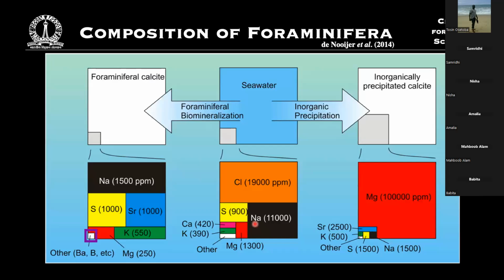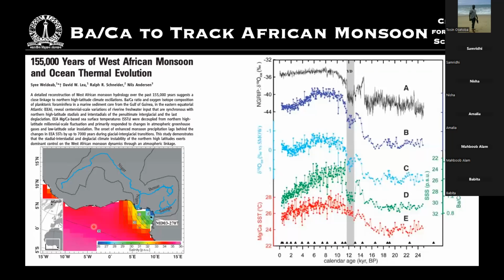Now we're going to move on to the second part of this talk, which is the barium-calcium part of the talk. Now, barium-calcium has been recognized as a proxy for continental runoff. This is David Lee's work with the West African monsoon.